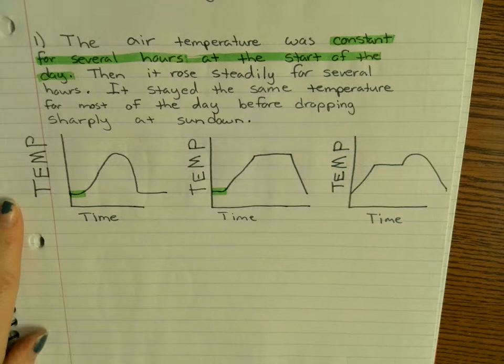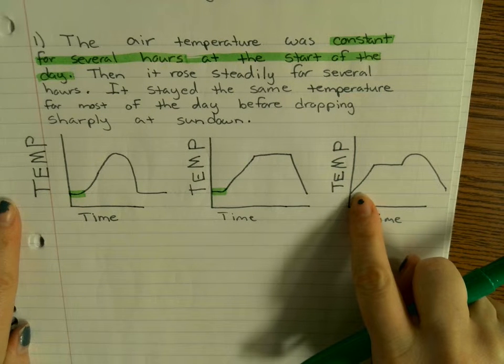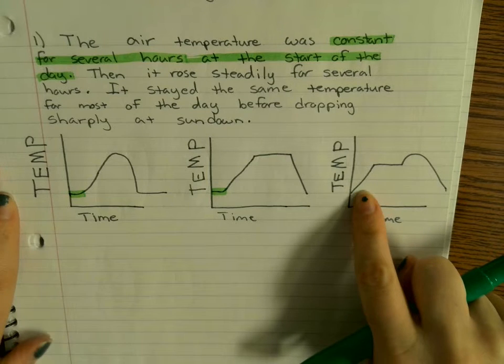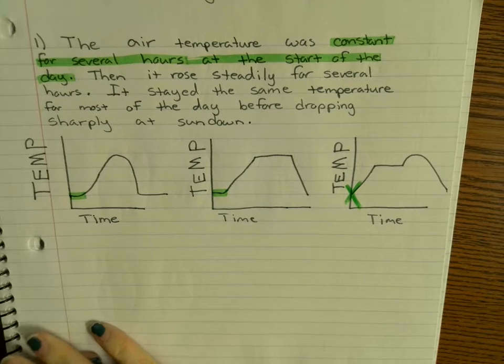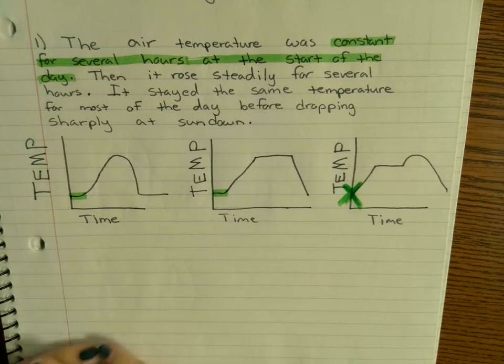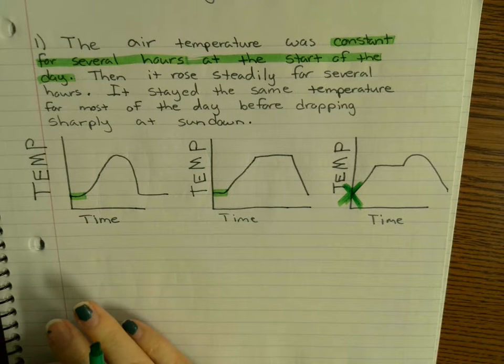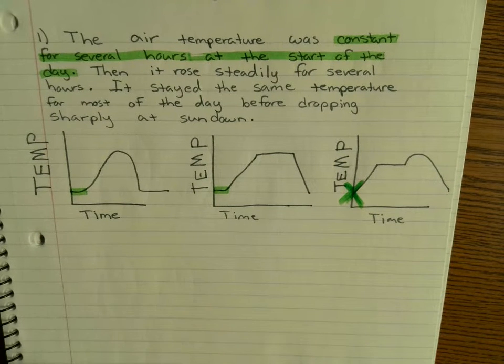The third graph does not start with a flat portion, which means right off the bat, the third graph is going to be wrong. So I'm going to go ahead and put an X through it. Because it does not start off as a constant or flat graph, I know that that's wrong. Then I'm going to go to the next portion of my graph.